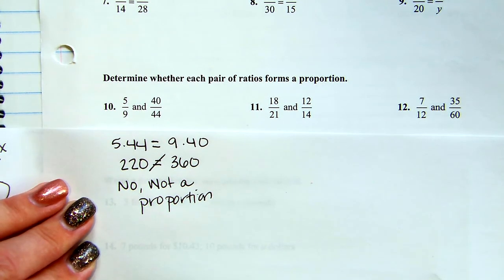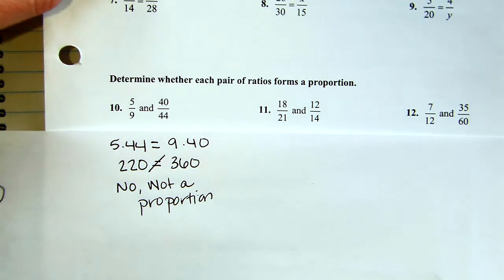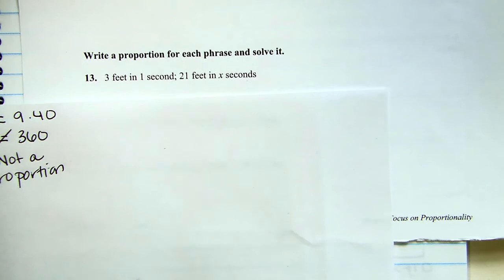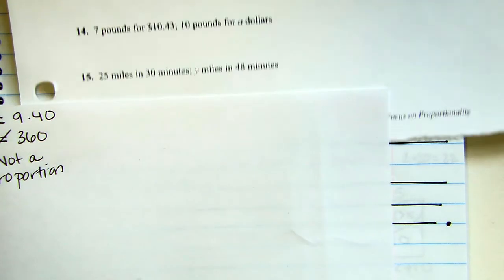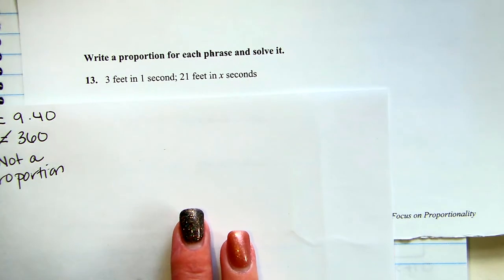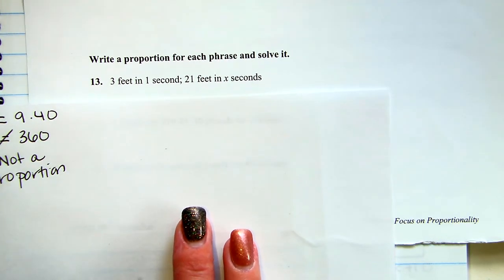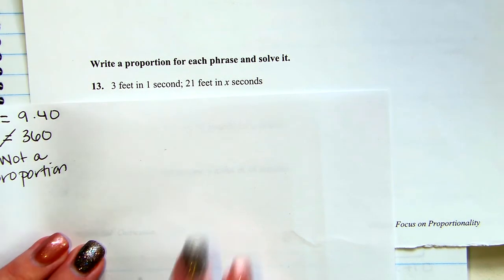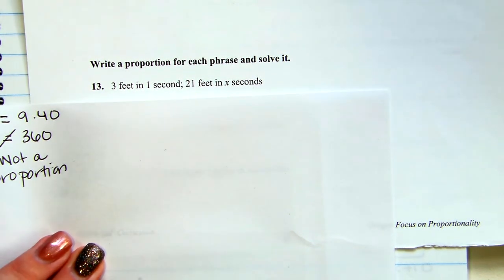Okay. Now the very last section that we have here is numbers 13 through 15. 13 through 15 are some proportions in a phrase, and you're being asked to solve it. So, in this section, we have 3 feet in 1 second and 21 feet in x seconds.